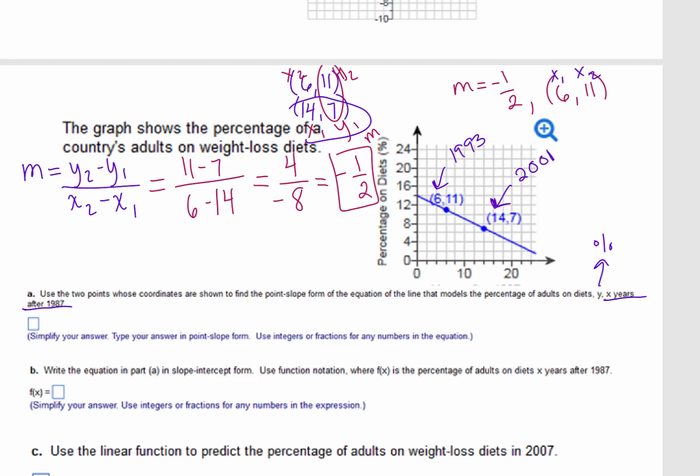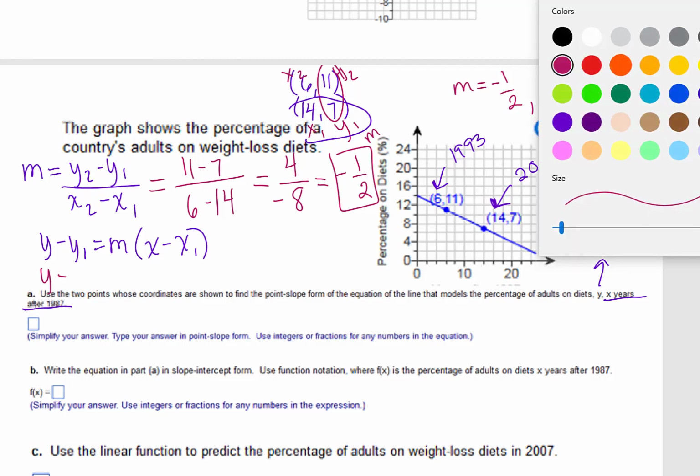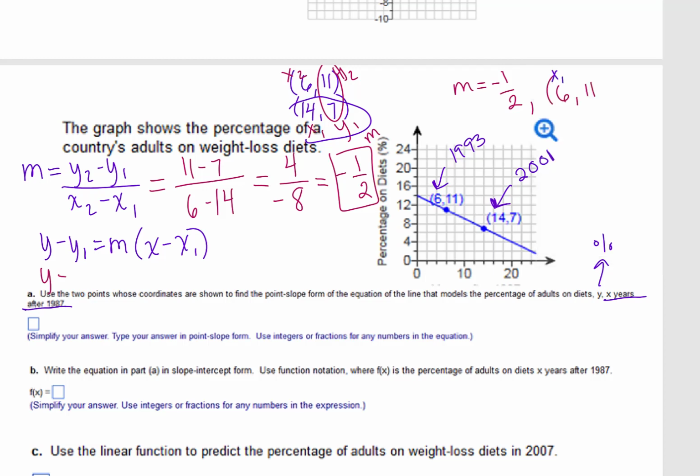So when I go to plug it in, this is point-slope form: y minus y1 equals the slope times x minus x1. Oops, I put x2 over here. That is not correct. Going back over here, it's x1, y1. I don't know why I put x2.